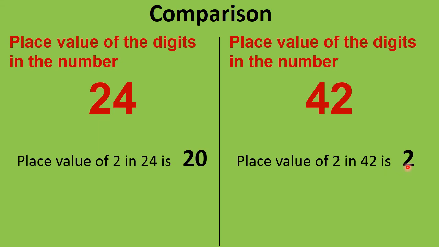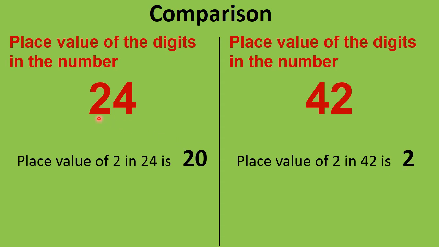So that means the place value of a digit depends on its position. See here, 2 in the first number is at tens place. In the number 42, 2 is at ones place. So based on the position, the value of 2 is changing here.